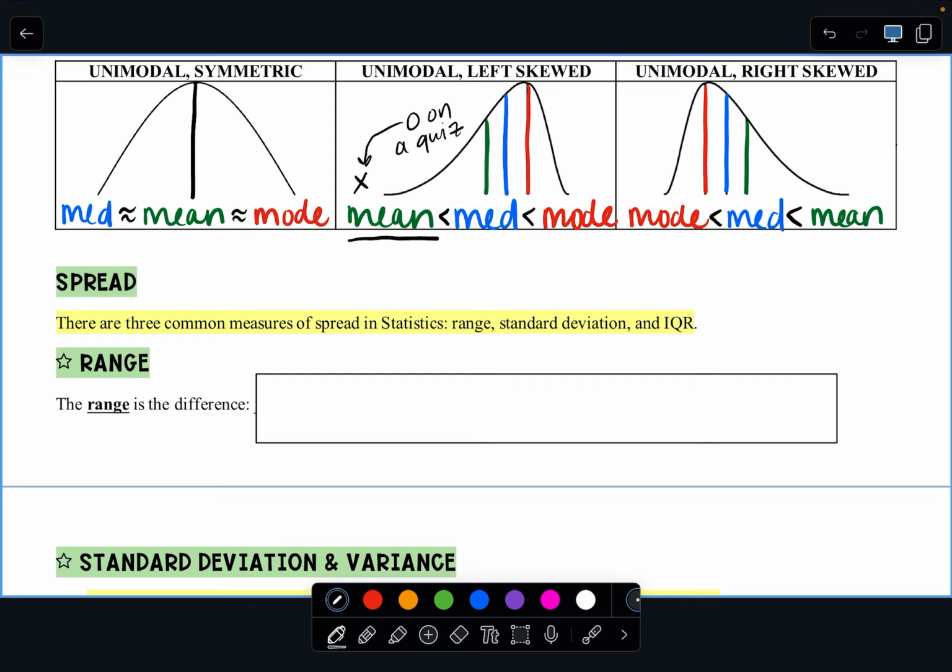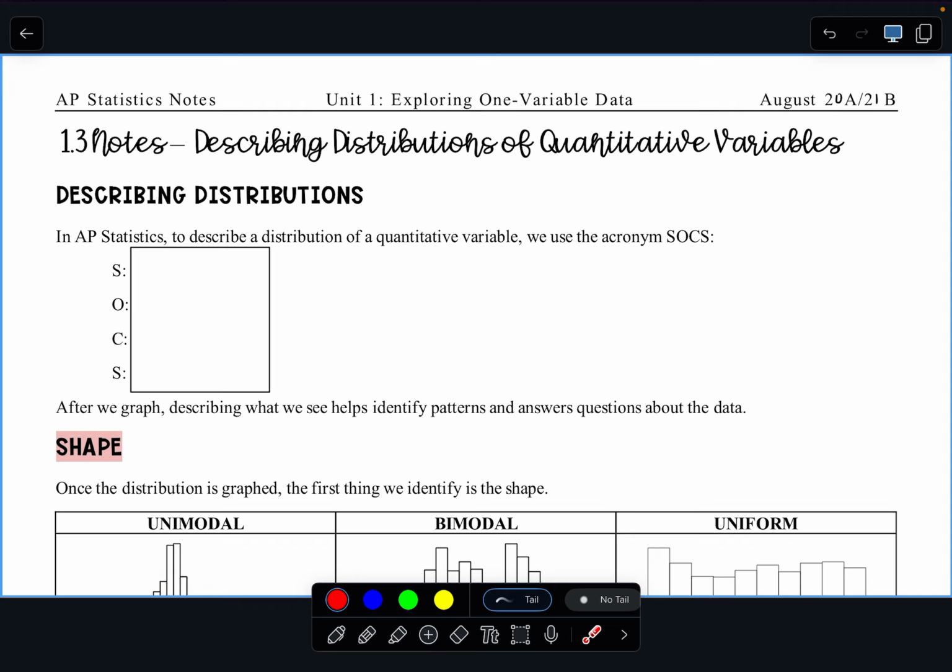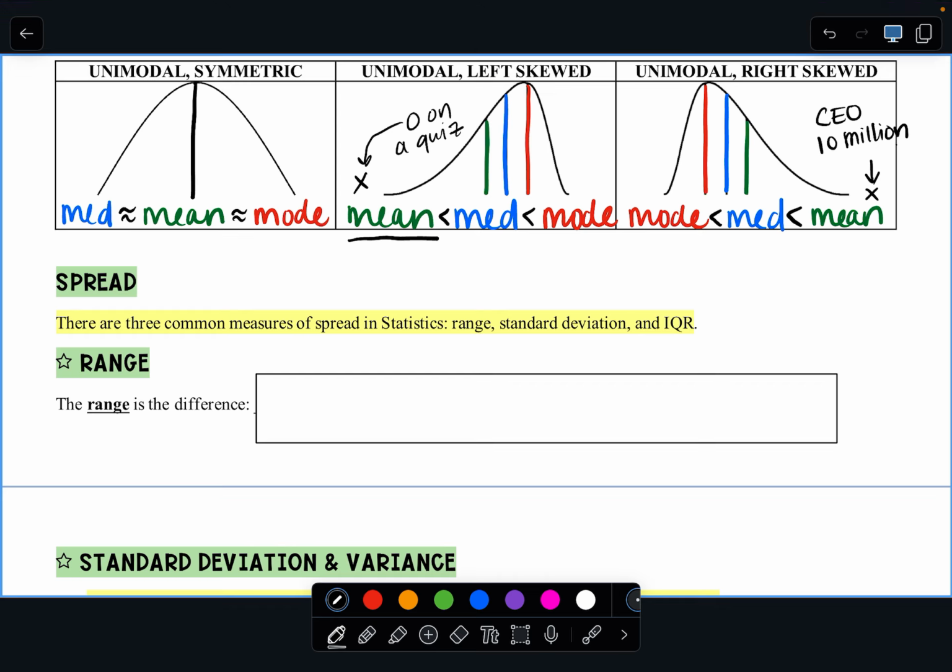On the other end, I always say if I am looking at salaries and I have a CEO who makes 10 million a year, and they want to hire people at their company, with everybody else making like 75,000 or maybe 100,000 a year. They factor the CEO's salary into this average, and it's going to look like everyone else is getting paid more. They put the 10 million in, and it starts to look like everyone's getting paid 250, 300,000 versus the actual true value.